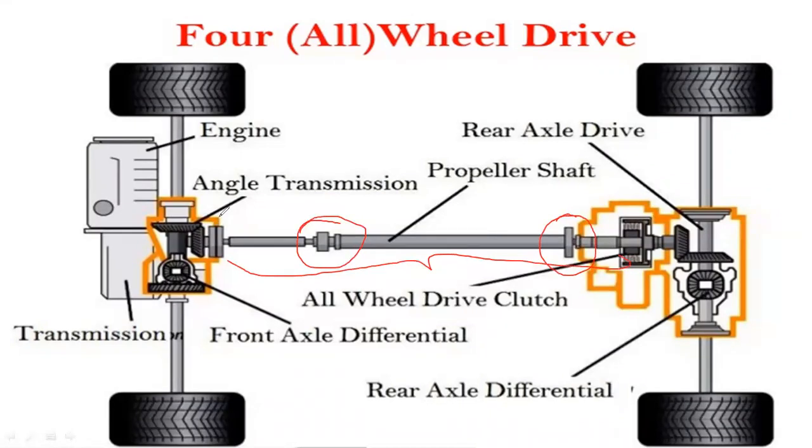So in this four wheel drive mechanism, there is a front axle differential and a rear axle differential. There are two differentials placed in the four wheel drive. The power should be transmitted through this propeller shaft to the four wheels of the automobile vehicle.